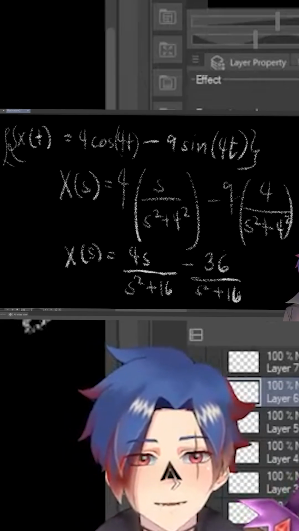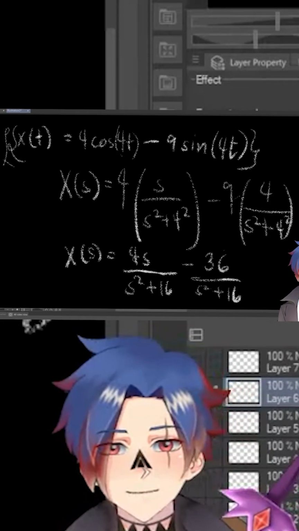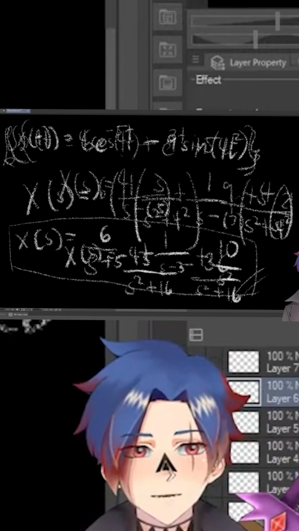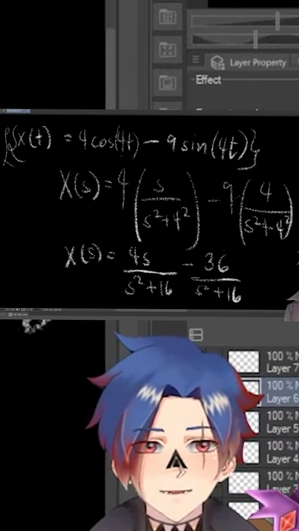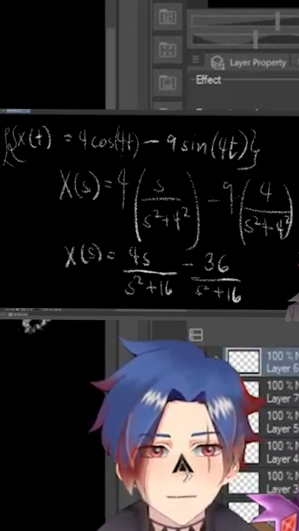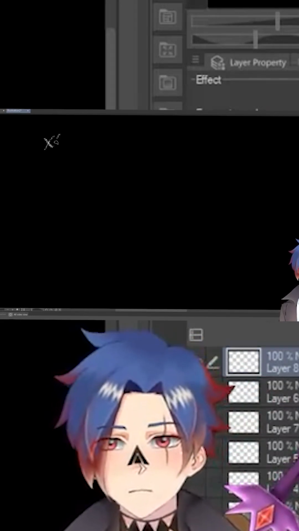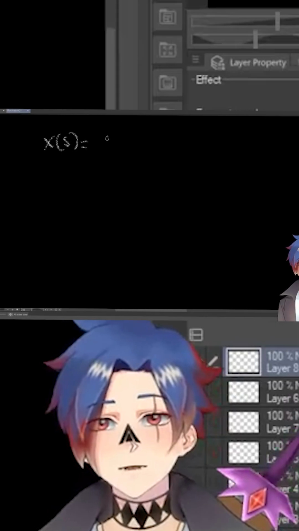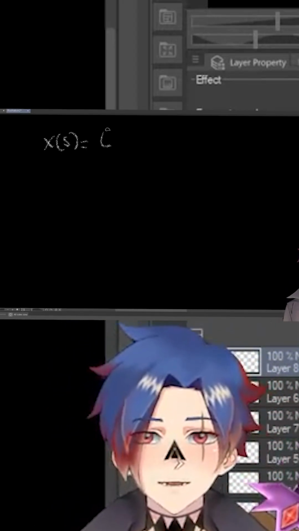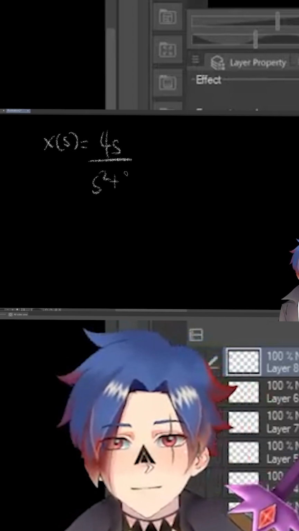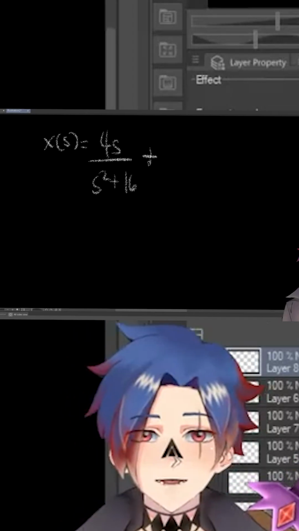Now this can be simplified even more. So let's write it on another layer. x of s is equal to, what was it again, 4s over s squared plus 16 plus, or was it minus?